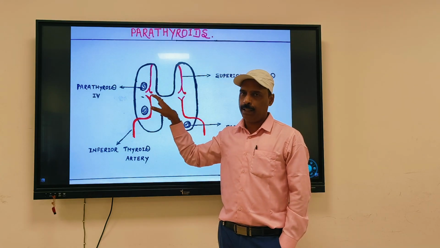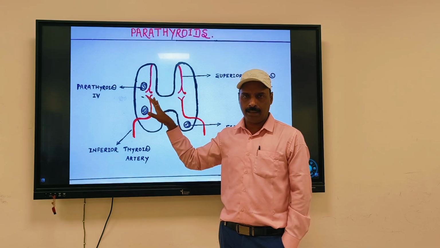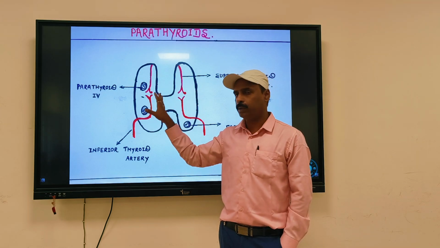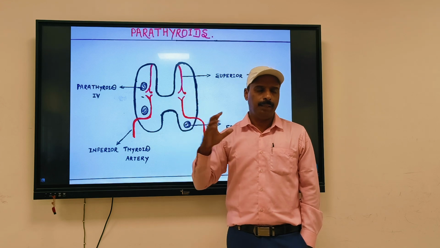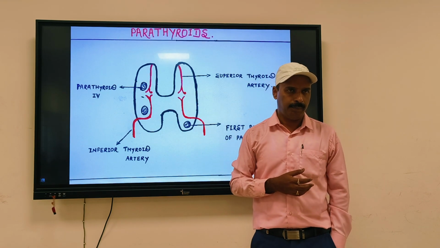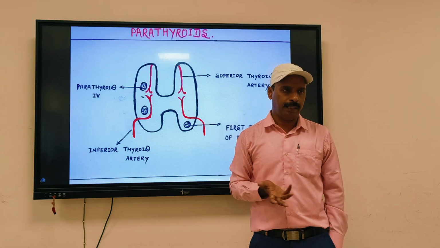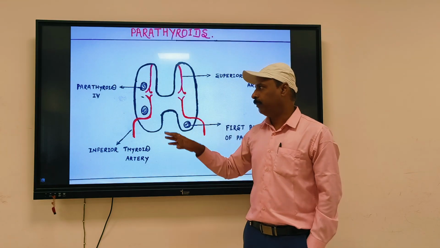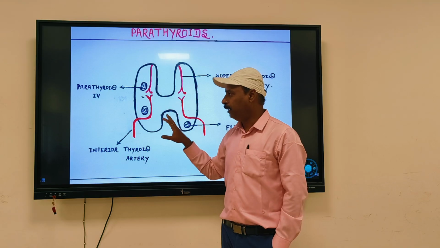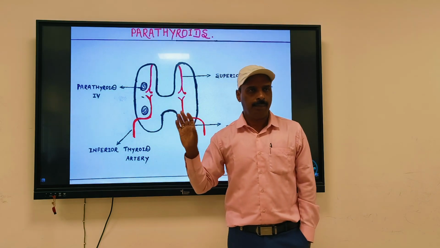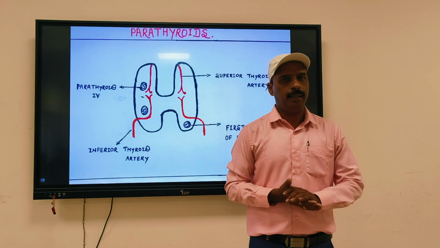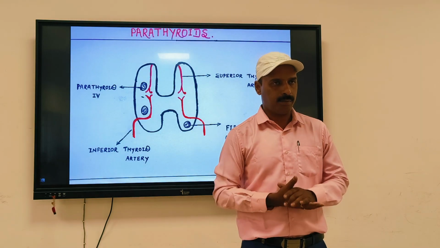Nerve supply, superior and middle cervical ganglia. Lymphatics also go to the deep cervical group of lymph nodes, through either the prelaryngeal or pretracheal nodes. So this is all about the blood supply, venous drainage, lymphatic drainage and nerve supply.